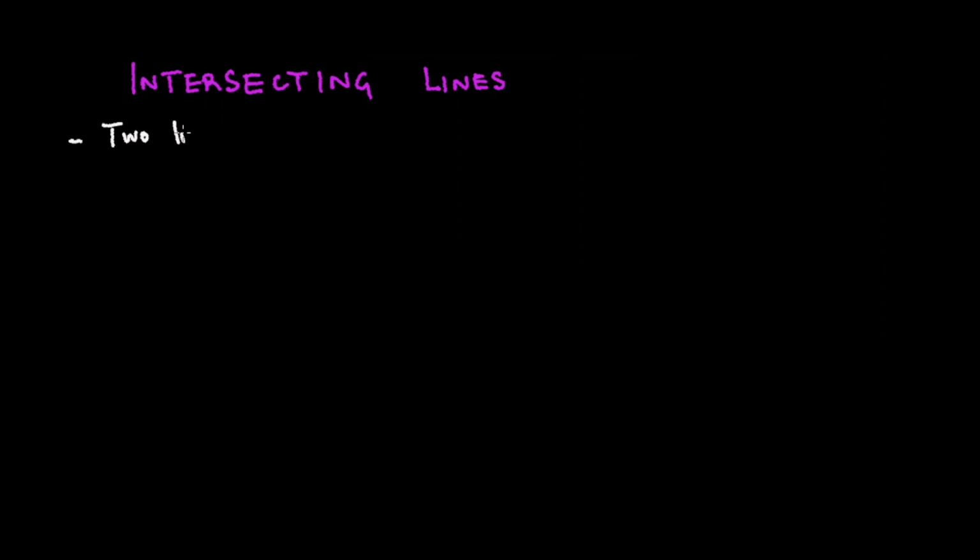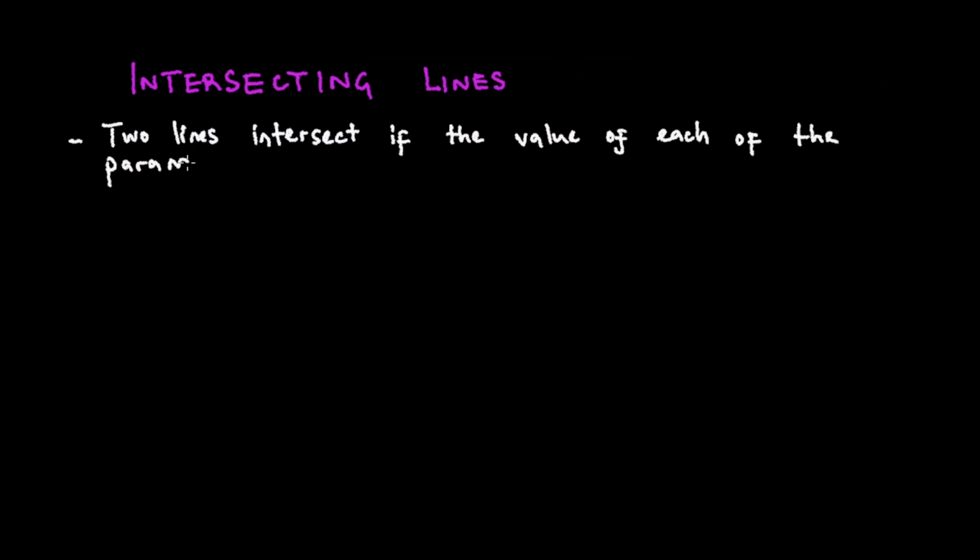Two lines intersect if the value of each of the parameters is constant.